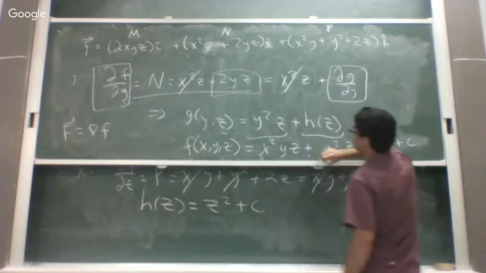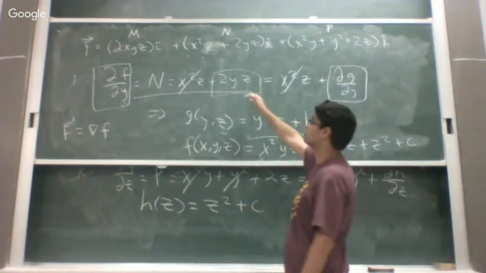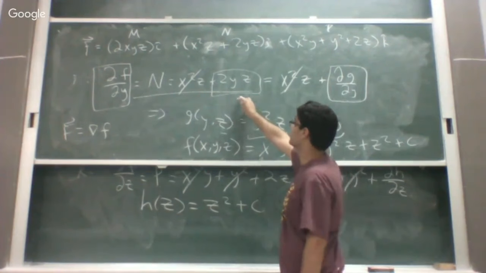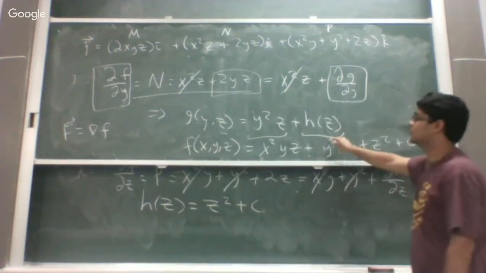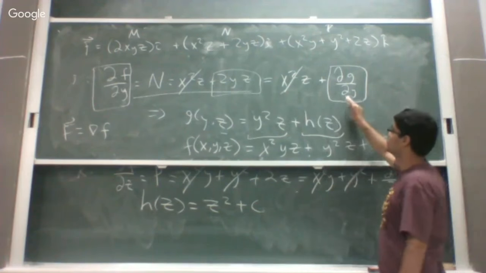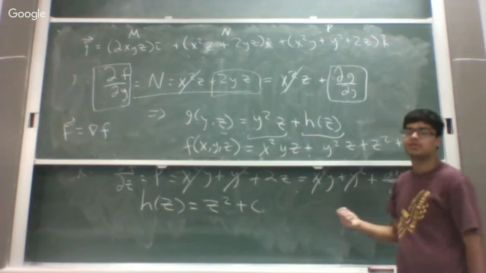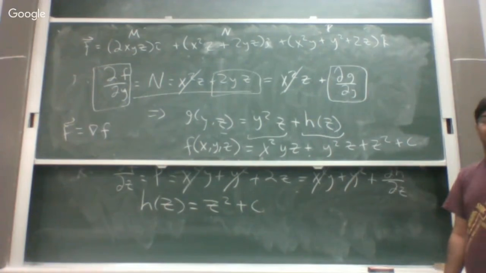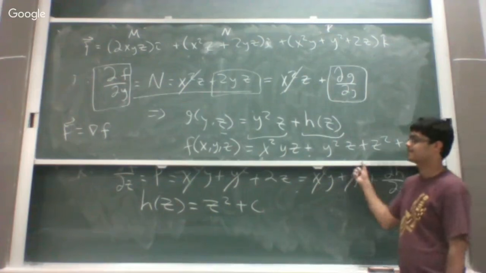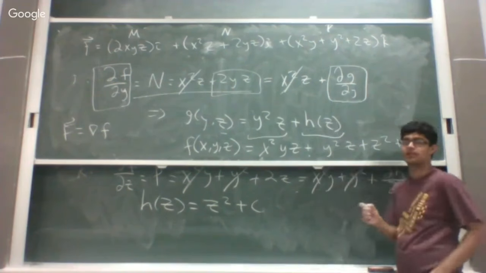So then we take the integral of this with respect to y, which is equal to y squared times z, plus a component, because we only took account of the y term. So the other component would be some z value. It's like a filler value for the z portion, because if there was a z there and we took the partial with respect to y, it would show up. So this is just a representation for the z part.